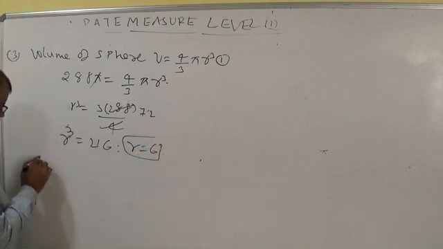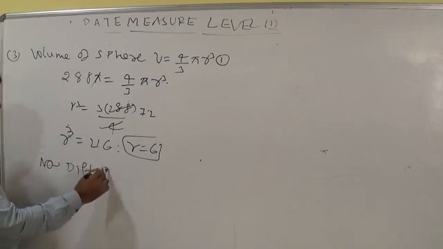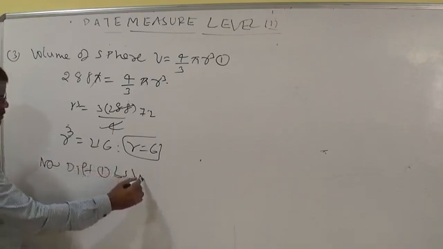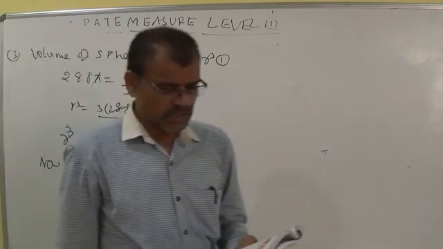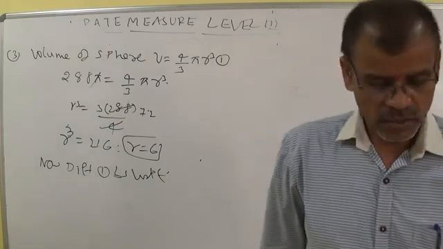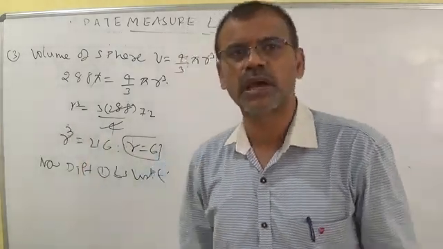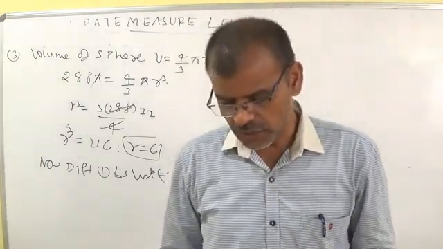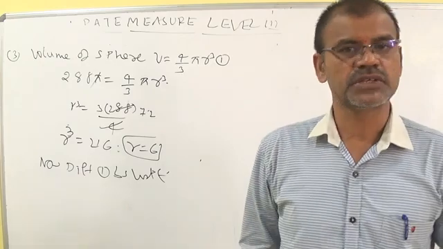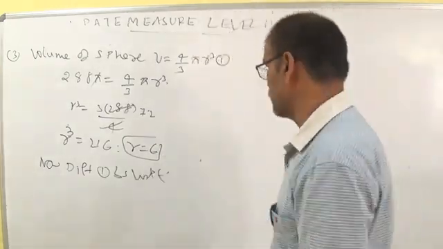We got r. Now differentiating both sides with respect to time. He is asking about the rate of increase of volume, which is 2π cubic centimeter per second, and we should calculate the rate of increase of radius, dr/dt.